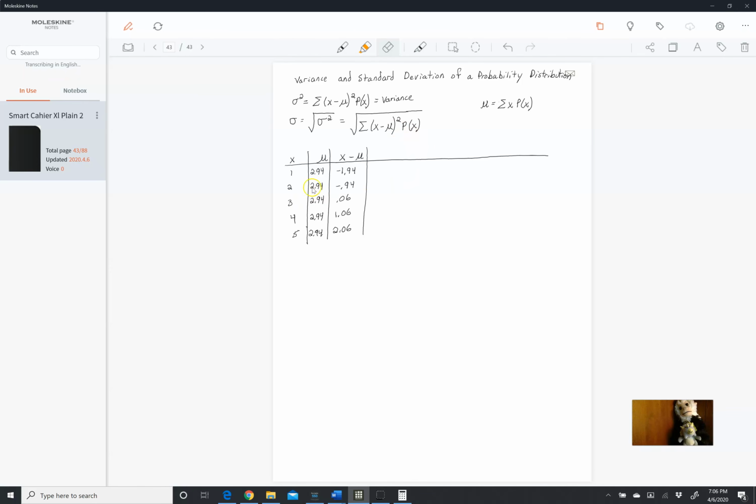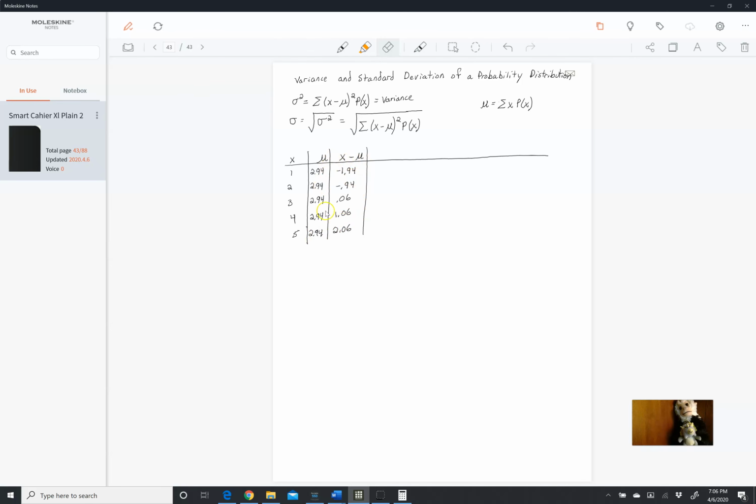We're subtracting the first two columns. We're doing 1 minus 2.94, that gives us negative 1.94. 2 minus 2.94 gives us negative 0.94. 3 minus 2.94 gives us 0.06. We're doing that for every one of our x values, the first column minus the second column.